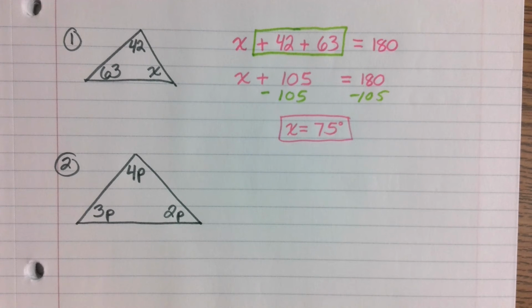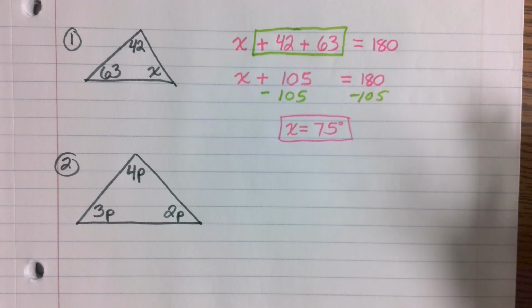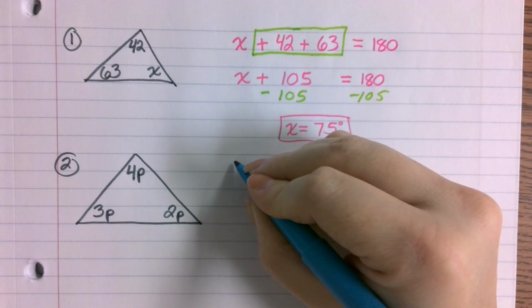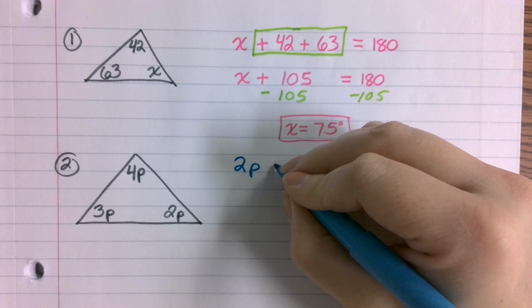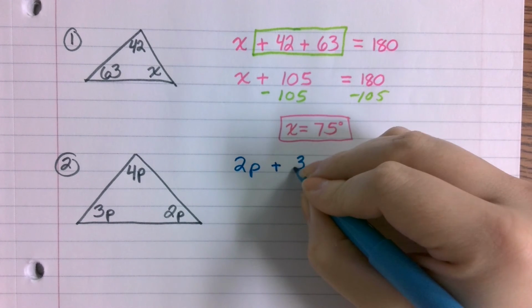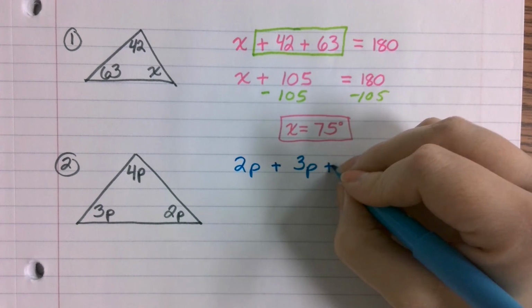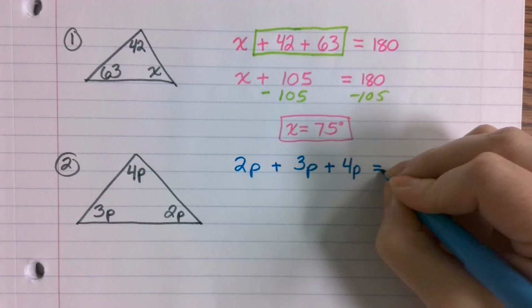I actually have to set it up as an equation to solve. So again, setting it up as a sum of all three angles, I would take 2p, which is the first angle, add it with 3p, which is the second angle, and then add it with 4p, which is the third angle, and set it equal to 180.